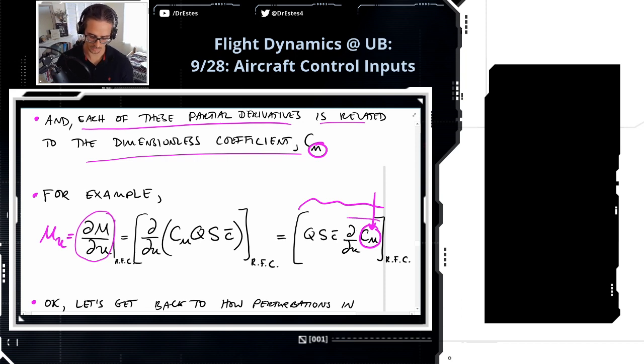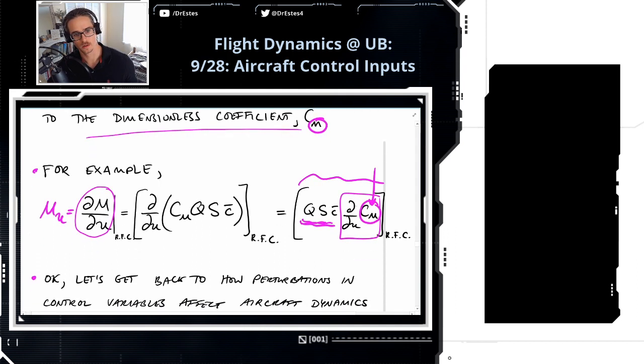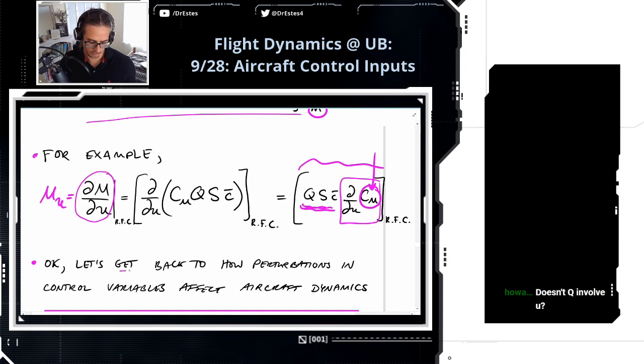We have data on this partial derivative, and then we bring it back to dimensional coordinates by multiplying it by this relevant stuff. All right, let's get back to how perturbations affect aircraft dynamics.